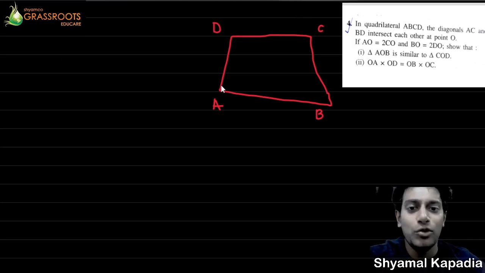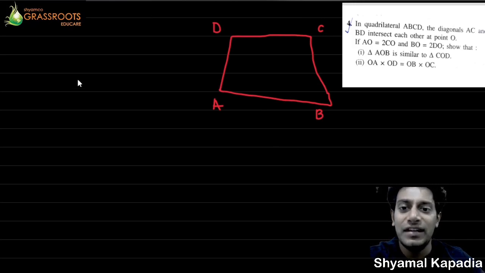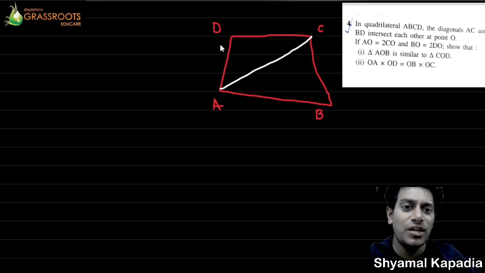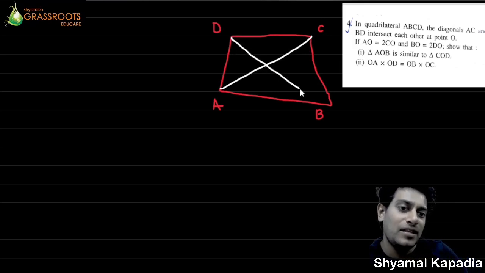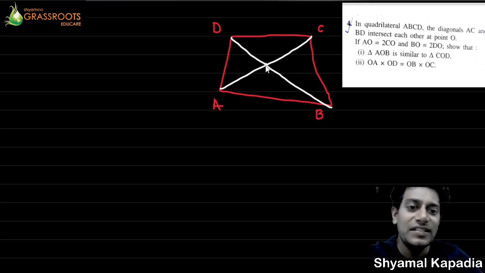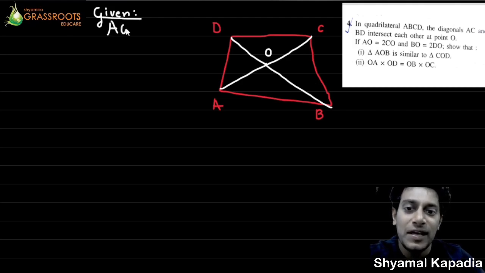Okay, I have been told that these diagonals intersect at point O. So this one and this one, they intersect at point O. Sounds okay? And also I have been told AO is 2 times CO. I'll just write the given out here. So given is AO is 2 times CO.